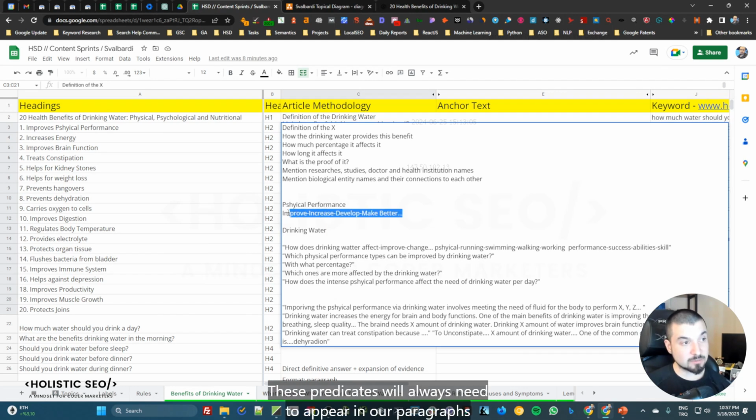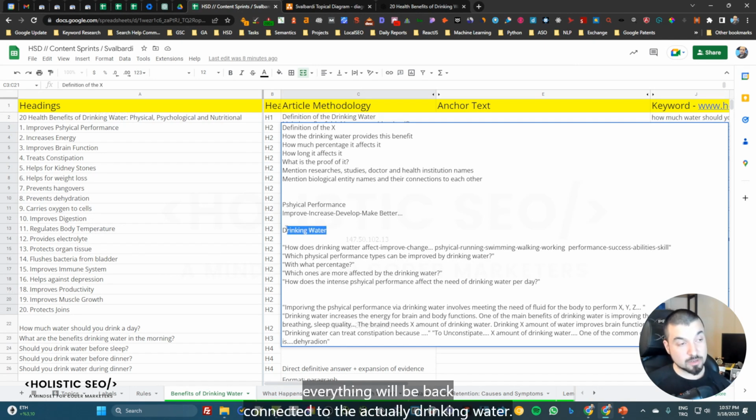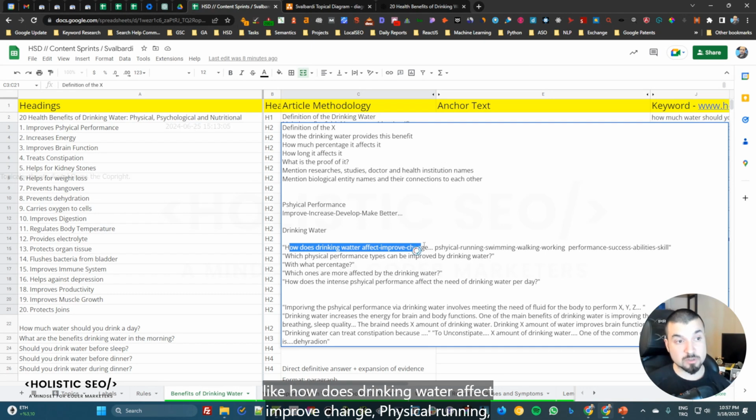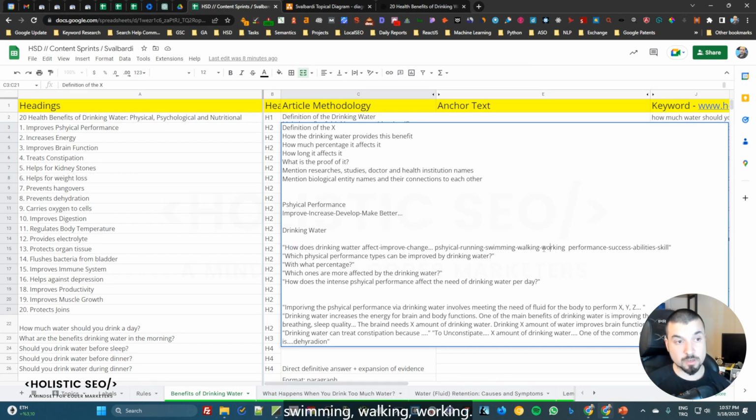These predicates will always need to appear in our paragraphs, and we will mainly focus on the physical performance because life is a physical form mainly. Then everything will be back connected to the actual drinking water. Then we give some certain question examples and the sentence examples, like how does drinking water affect, improve, change, physical running, swimming, walking, working.